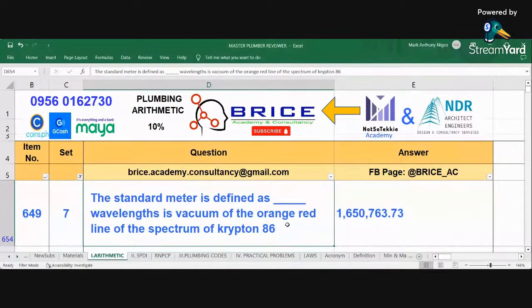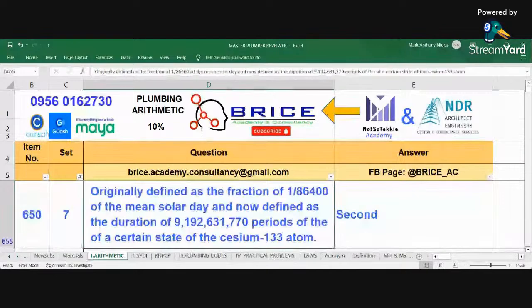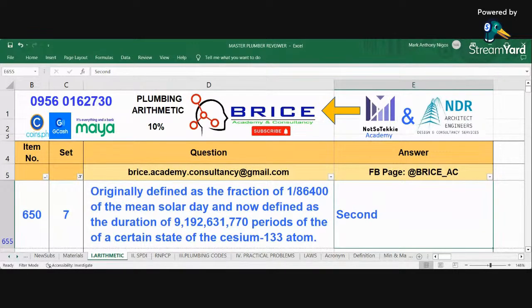Originally defined as the fraction of 1 over 86,400 of the mean solar day and now defined as the duration of 9,192,631,770 periods of radiation for a certain state of the cesium 133 atom. The answer is second. Ilan pala yung sagot? Ang haba yung tanong.